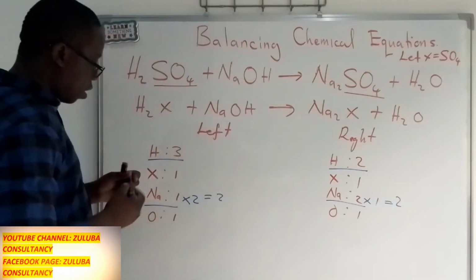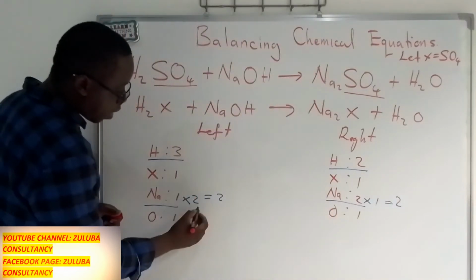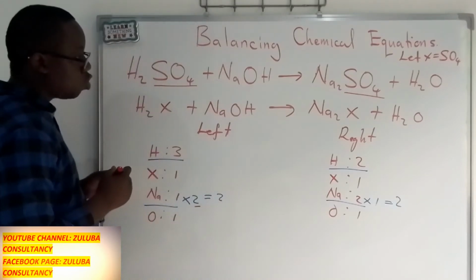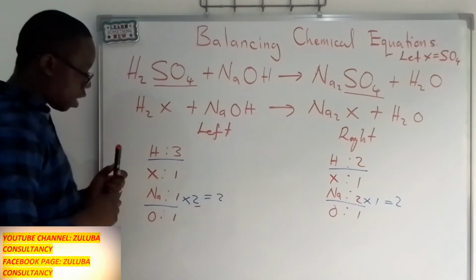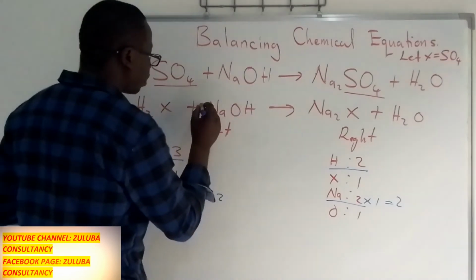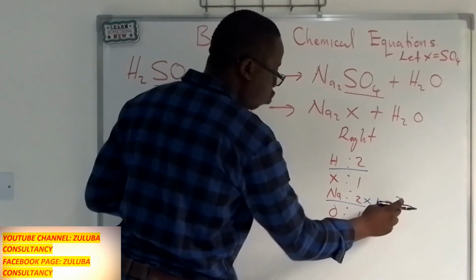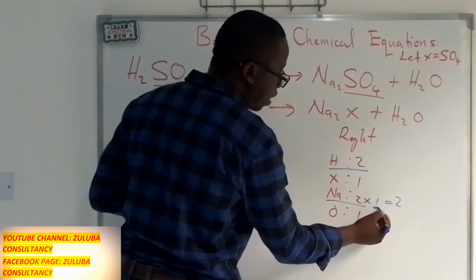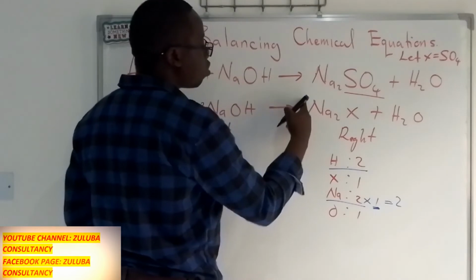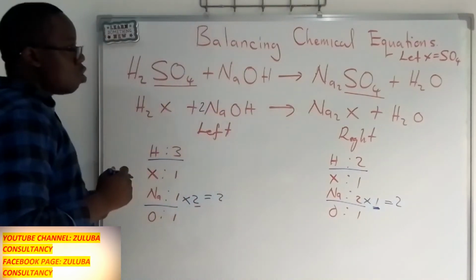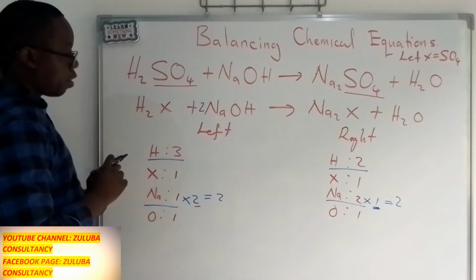So what does this mean? This multiplying factor that we have used will be tentatively introduced on the equation that we have. So we'll put a 2 there, then with this one, because we are multiplying it by 1, we are not going to represent any number there. So what will happen?